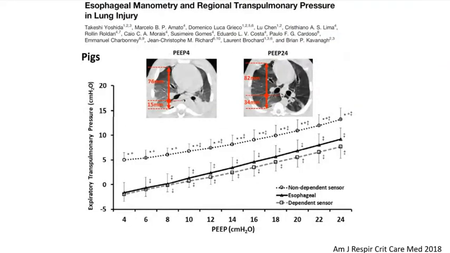And regarding the question of what do we measure, we put a sensor in the non-dependent part, a sensor in the dependent part of the pleural space, and compared to the esophageal pressure. In pigs, you can see that the esophagus is very posterior, very close to the dependent part. And it's not surprising that the esophageal pressure is very close to the dependent value. So the esophageal pressure reflects very much what is the dependent pleural pressure.